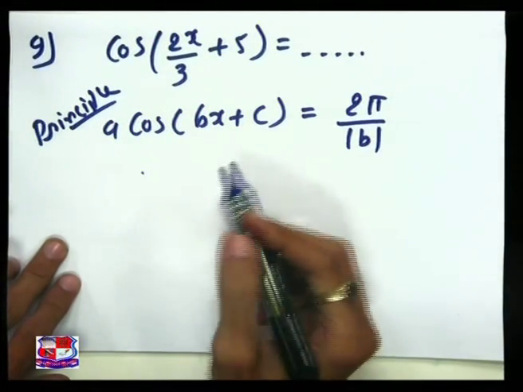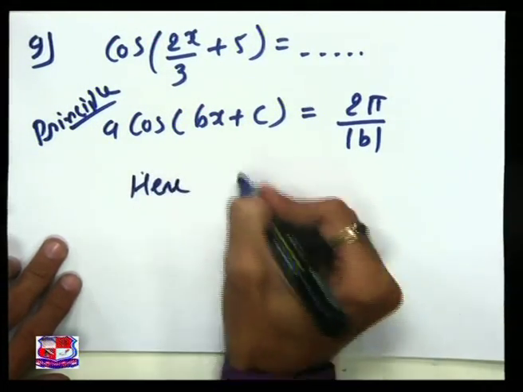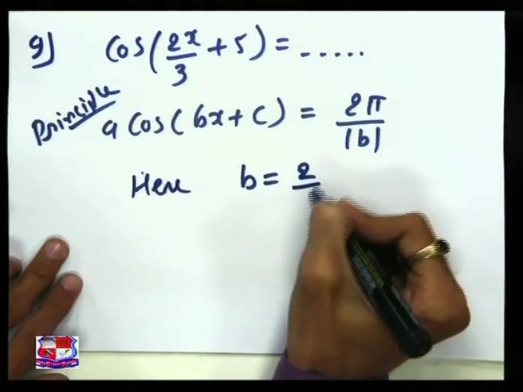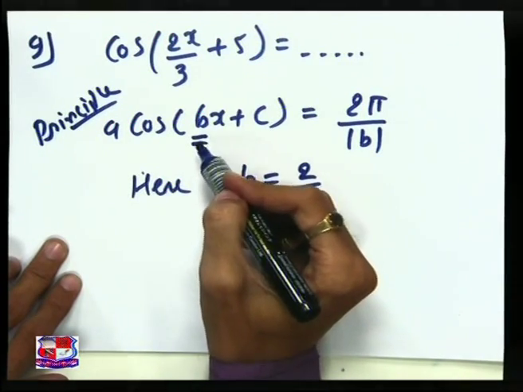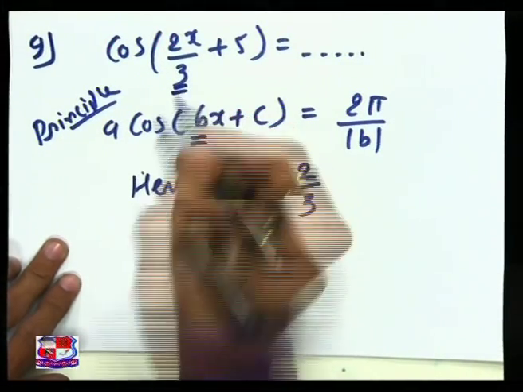So here in this case b is equal to 2 by 3, which is the coefficient of x.